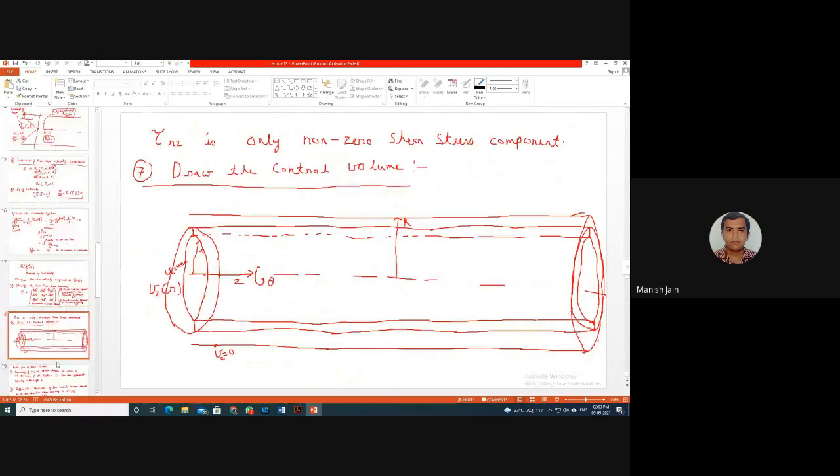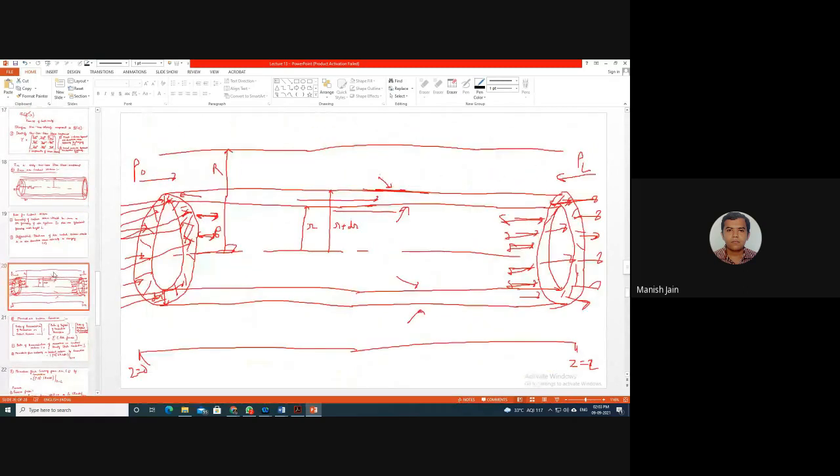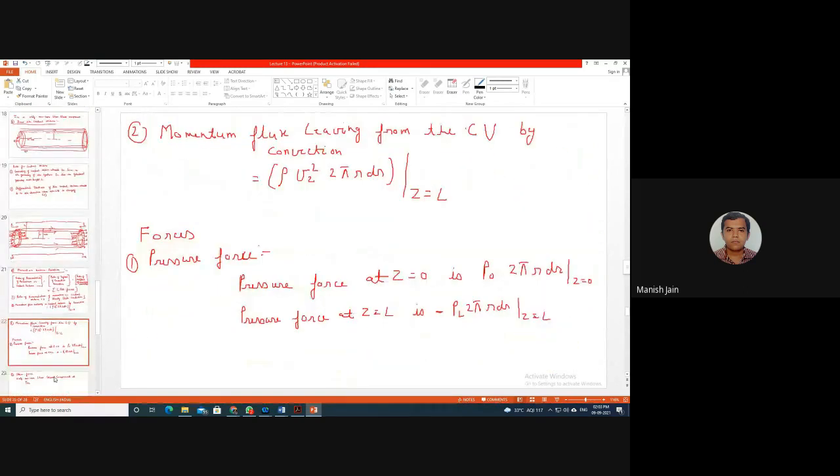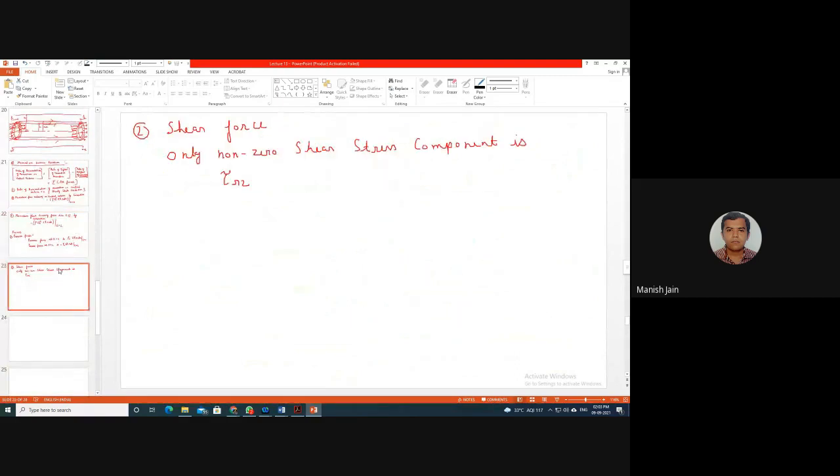This is the simplest problem, flow in a tube, but if you know the process, you can solve any problem. In this subject you should be able to solve every type of problem, at least derive the equations by reading the problems. That is the requirement, which is why I am going very slowly at this point. Tomorrow we will complete this problem. Okay, sir.